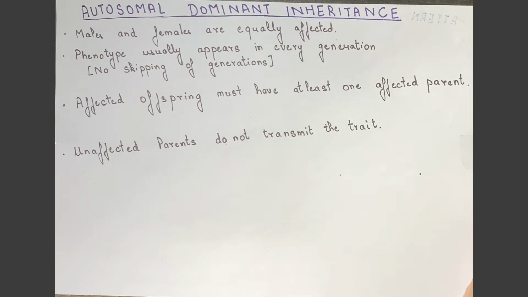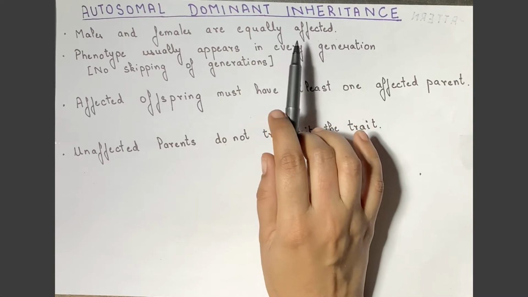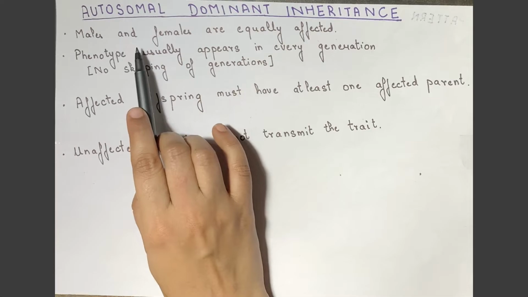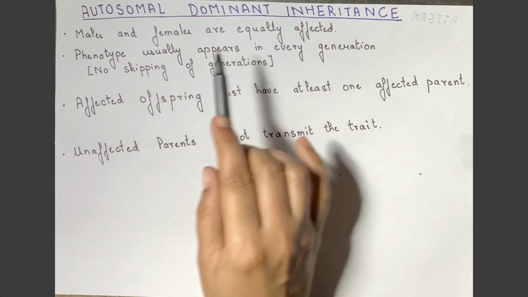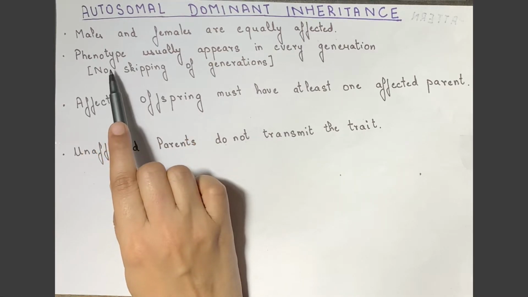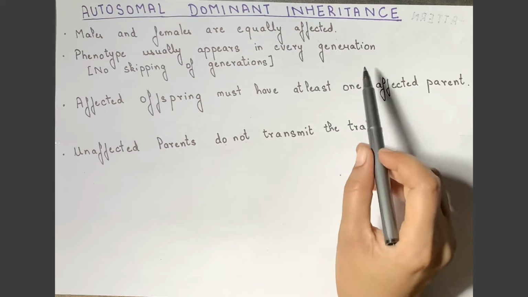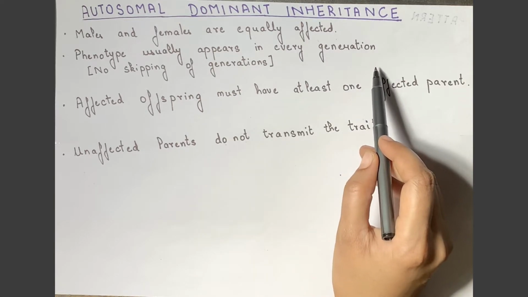Now, the key characteristics of the autosomal dominant mode of inheritance. In autosomal inheritance, there is no gender bias, that is, males and females are almost equally affected. The phenotype usually appears in every generation, that means we will find an affected individual in each and every generation.